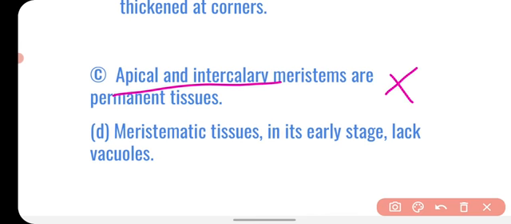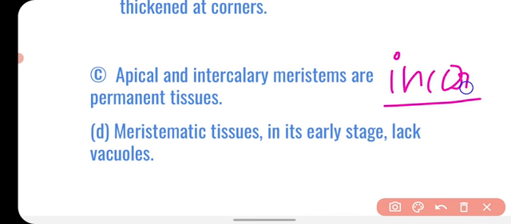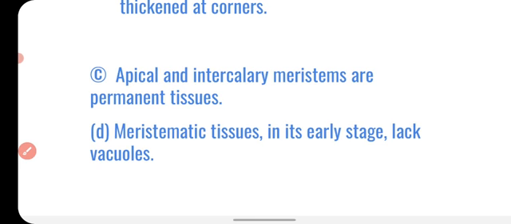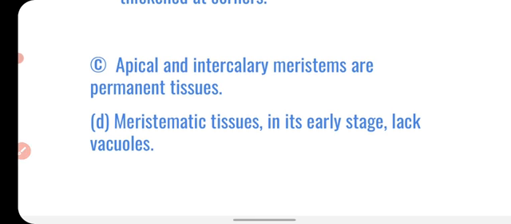So this is the incorrect statement. This is the right option for this question: apical and intercalary meristems are permanent tissues, this is the wrong statement. Meristematic tissue in its early stage lacks vacuoles. This is right. The cells found in the meristematic tissues do not have vacuoles.